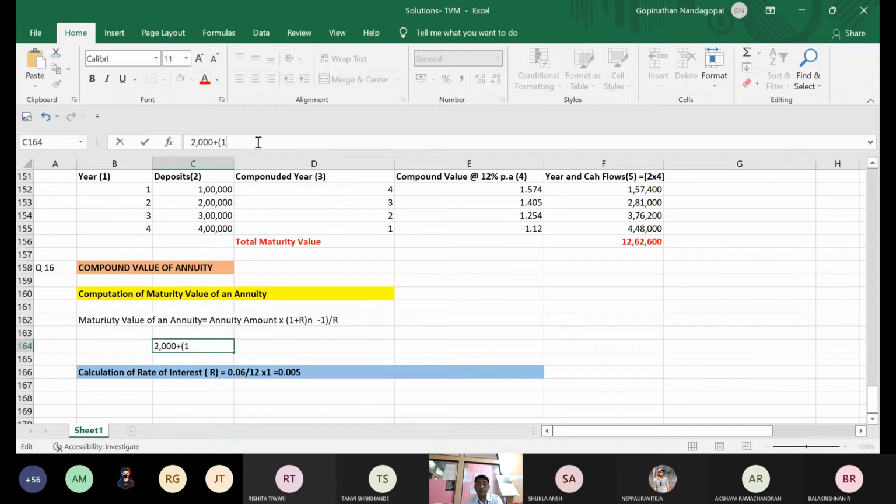Now we'll come back to the formula. 1 plus R, R is 0.005. Close the bracket. The number of compounding periods is 10. Minus 1, divided by 0.005.